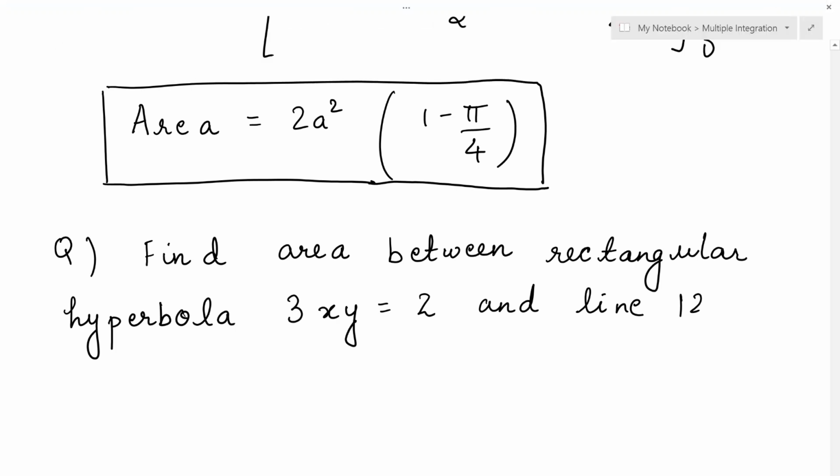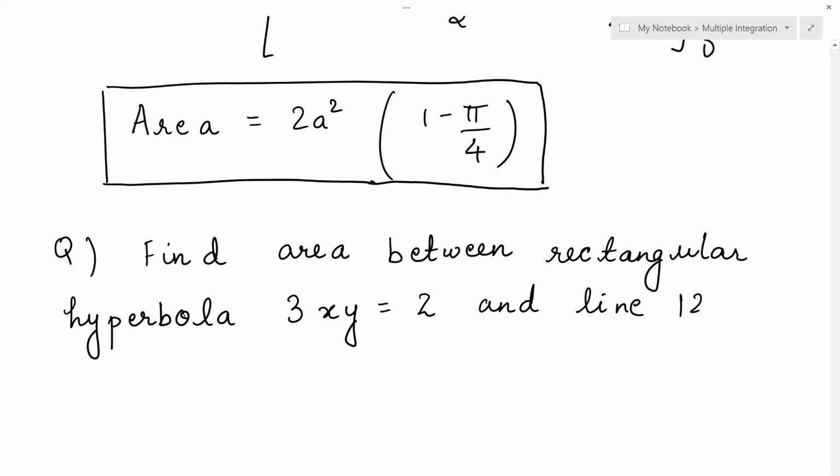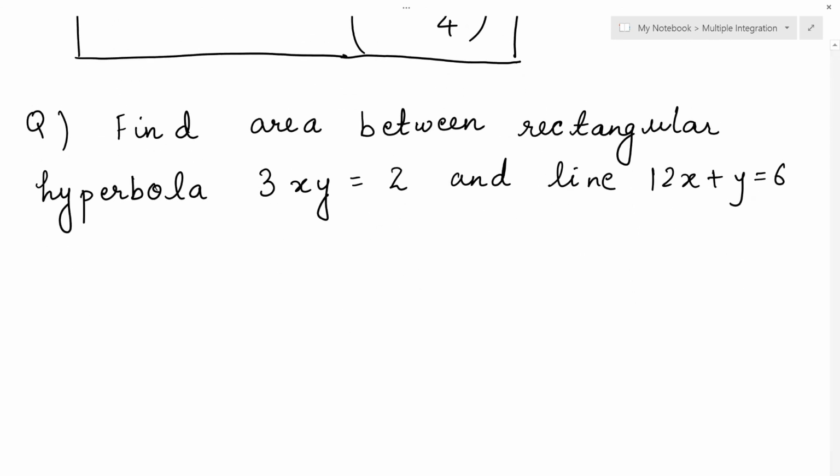Now we had seen a rectangular hyperbola sum earlier also, and you know how to plot it. So let's plot this first and let's check the area of intersection.